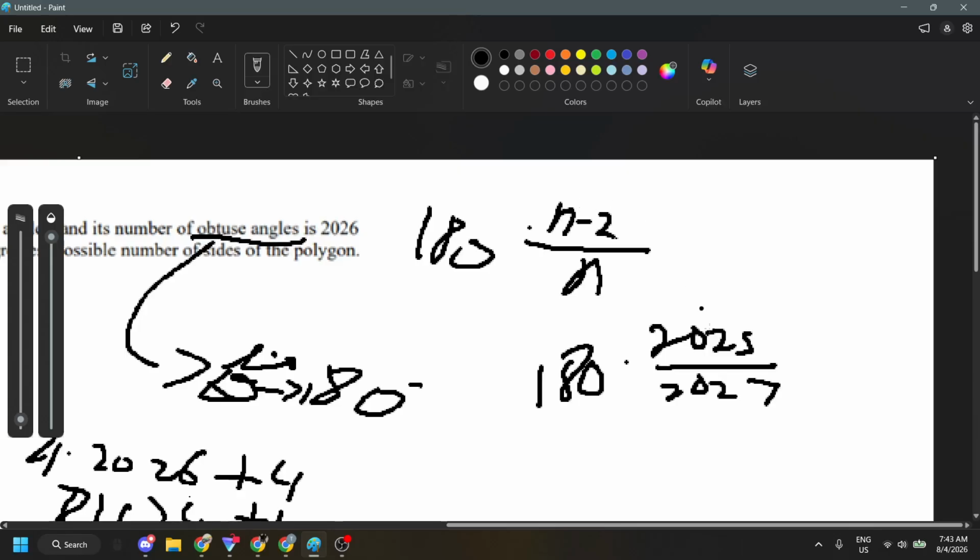It's prime, because 2027 is only factorable by 3, and 2000 is not, so yeah.